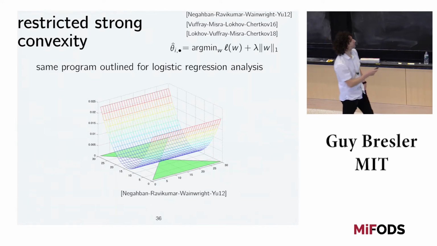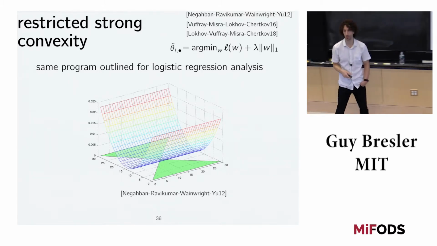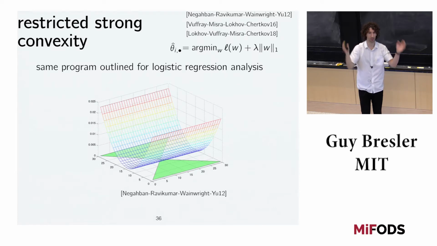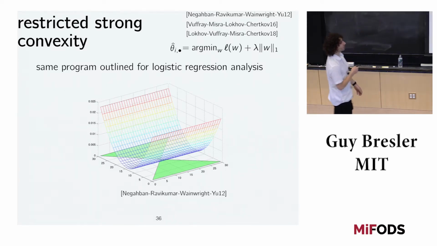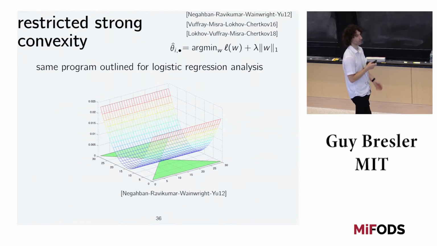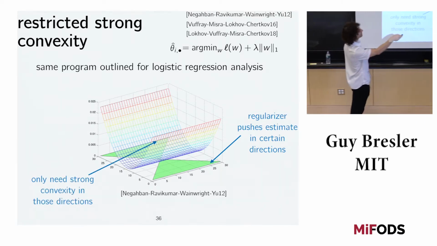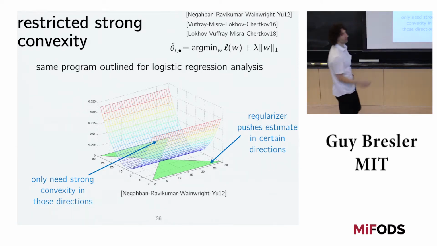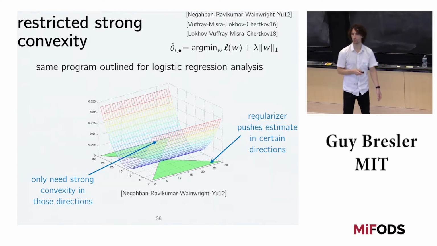The idea is that we're going to follow exactly the same program that was outlined before for the dense logistic regression, where one has strong convexity and bounds on the gradient and so forth. So one goes through exactly the same steps, except now one doesn't need strong convexity in all directions because this regularizer restricts the directions where the estimator can take values. And so one only needs strong convexity in certain directions.